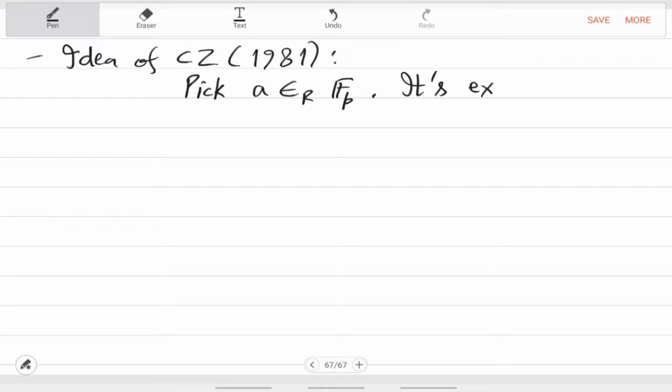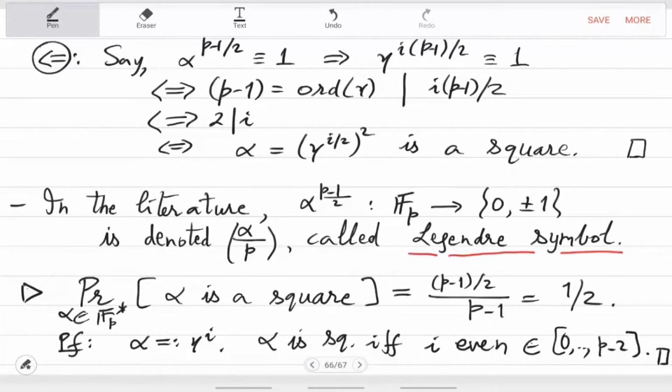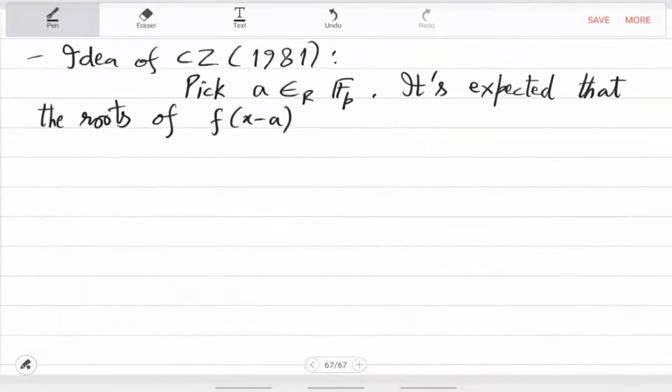Then it is expected that the roots of f of x minus a, I am making it f of x minus a now, have different residuosity.